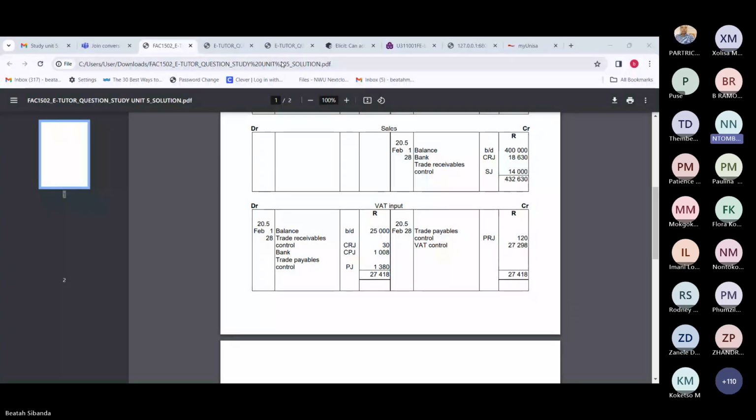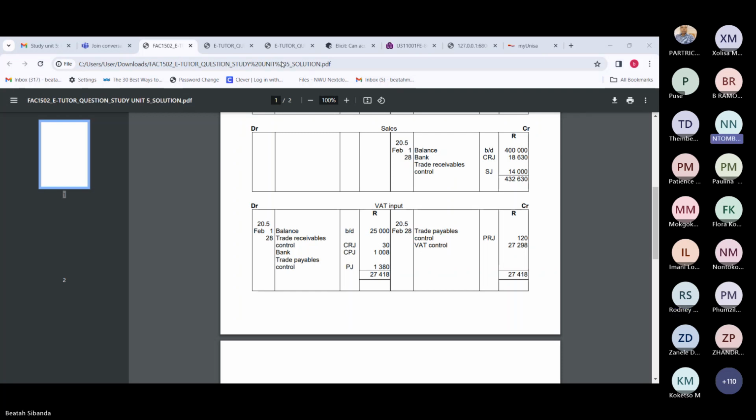Yes, can you hear me? If you now take this exercise that you just did, the VAT input is 27,418, and if you check the VAT output, which you owe SARS, is 56,719.